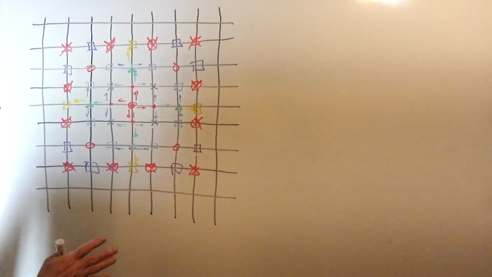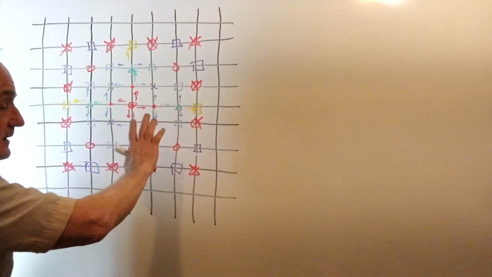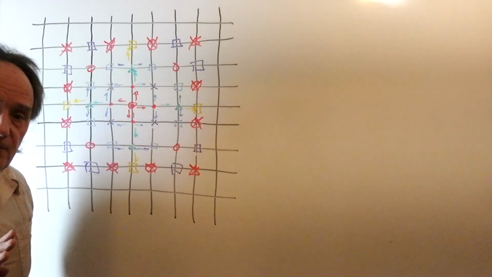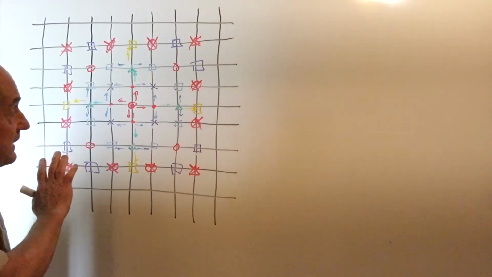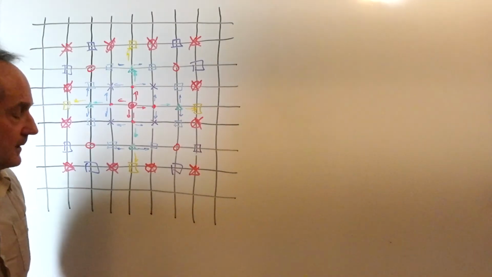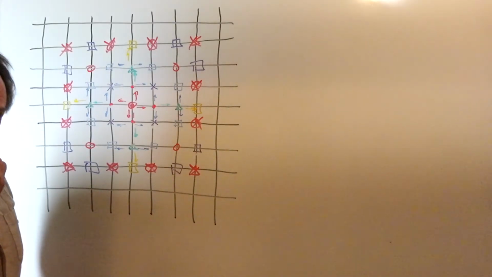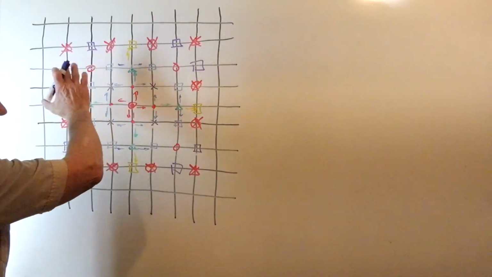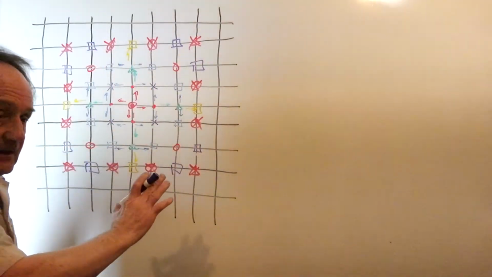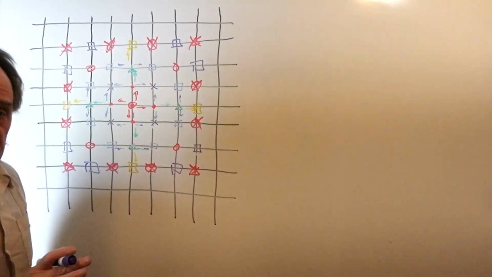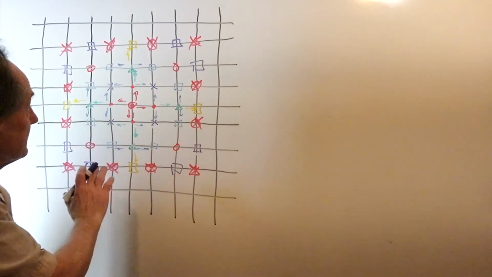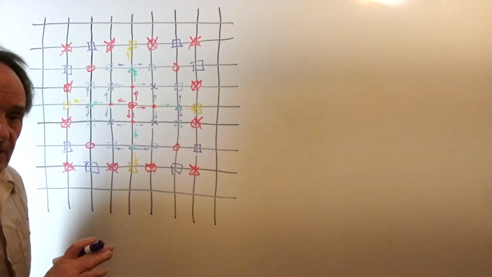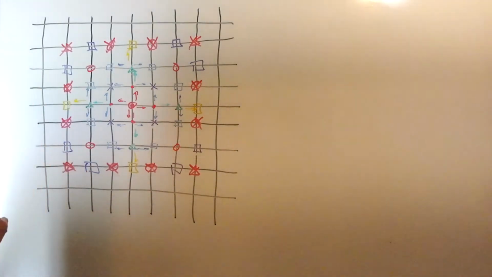Now that we've identified similar potentials in the grid, let's see if we can reduce it down and simplify it a bit.